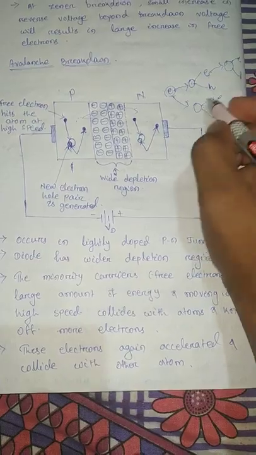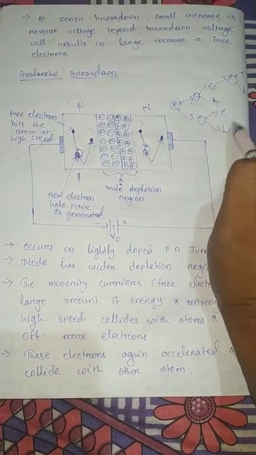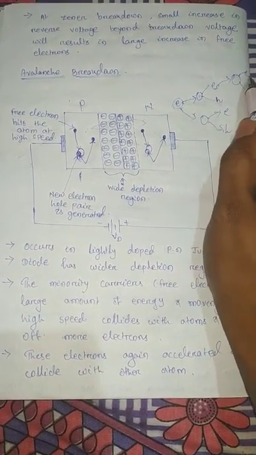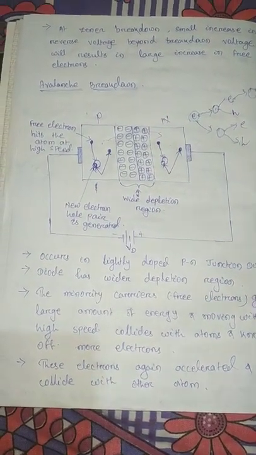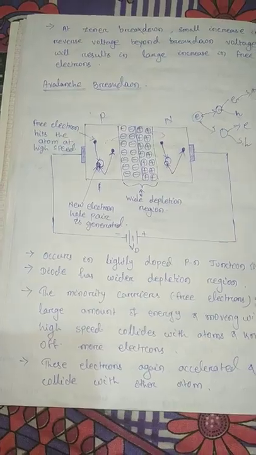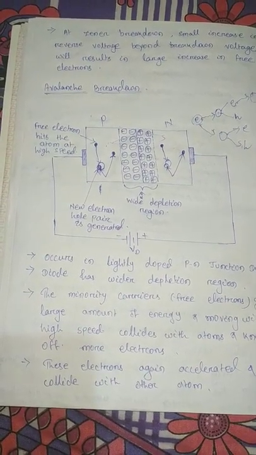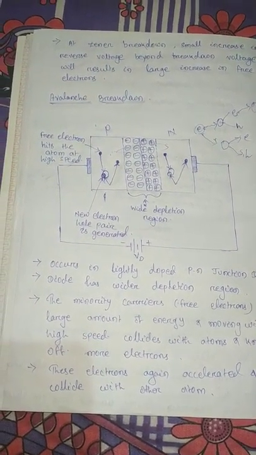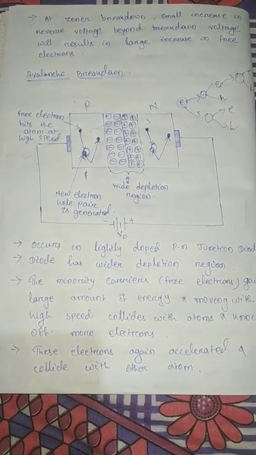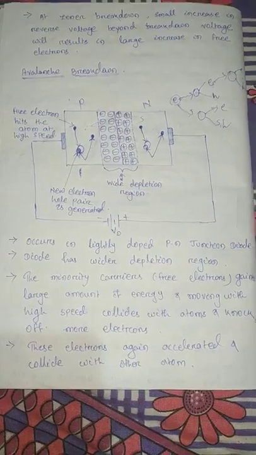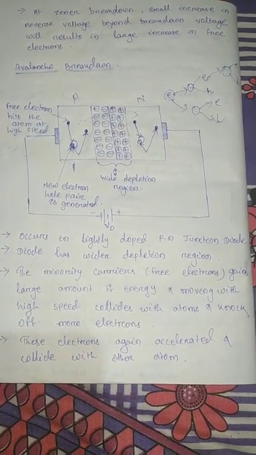As you see, now due to these two collisions, 4 electrons are generated. So due to these continuous collisions, a large amount of free electrons are generated, an avalanche or flood of free electrons.